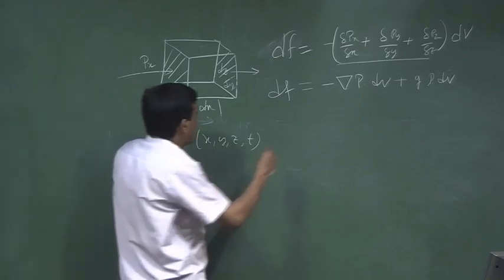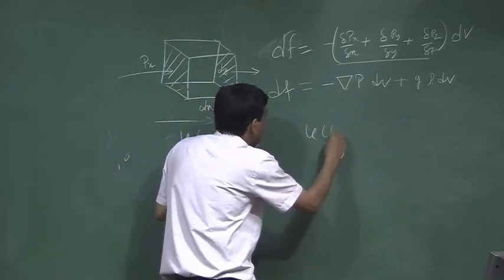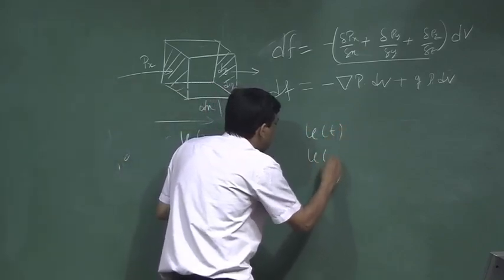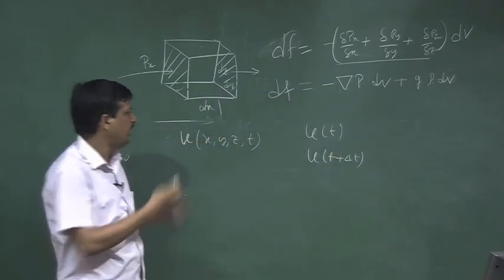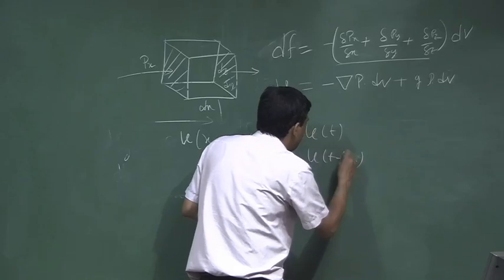Now, if I consider this is u at time t, and at another time I take t plus del t, or dt, we always write dt.